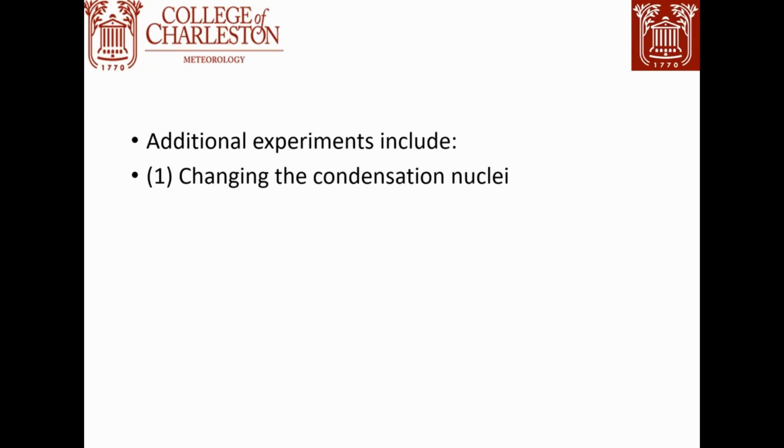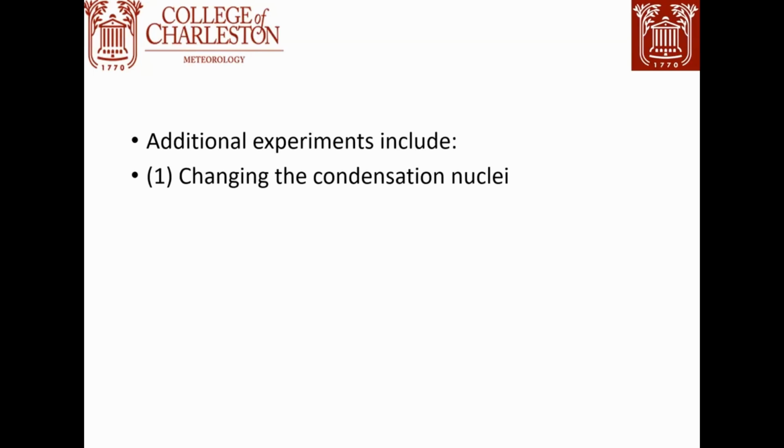Now, for the interested student, there are many ways to change the design of this experiment in order to produce different effects. So here are some different experiments that you can try. The first would be to change the condensation nuclei in the experiment.